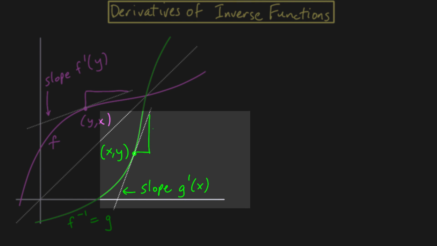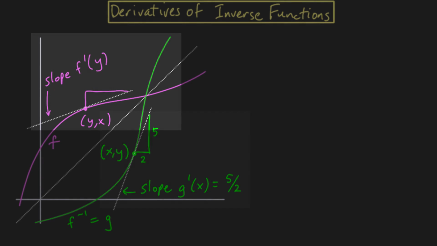For instance, this might be 5 and this 2, and that would tell us that the slope would be 5 halves down here. But then up above would have 2 and 5, and the slope of this line would then be 2/5.